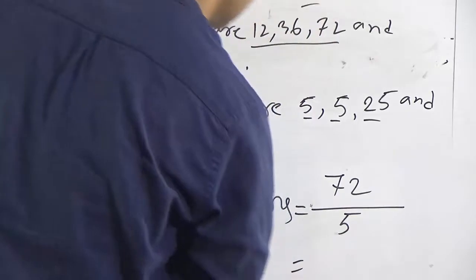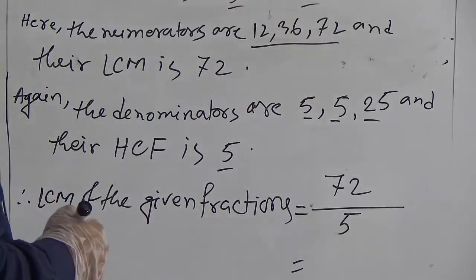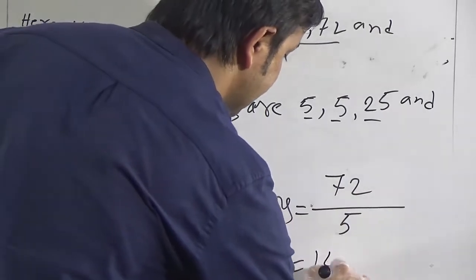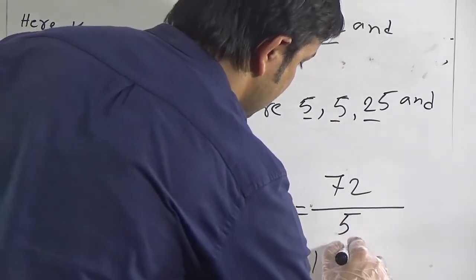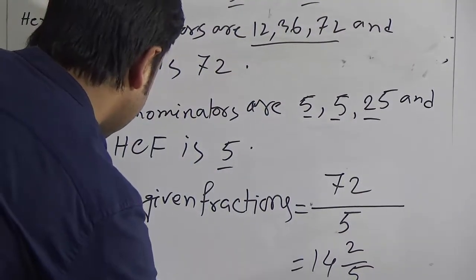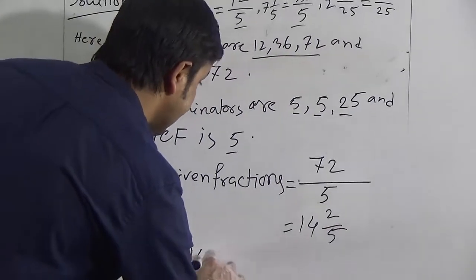As this is an improper fraction, we can convert this one into mixed. So we can write here 14 integer 2/5. This is our required answer for the last question today.